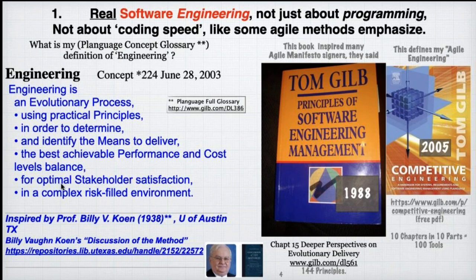And optimal means pretty good balance. Nobody's got anything maximized. Costs are not zero, but there's pretty good balance in a complex, risk-filled environment. Okay, you might like to read that in slow motion later, but that's my definition of engineering. That's a Texas definition of it, Billy, and sticking to it.